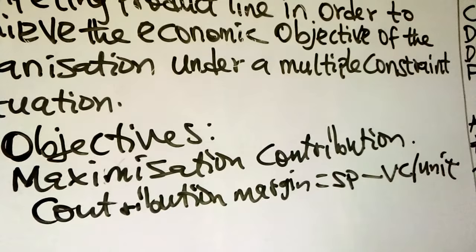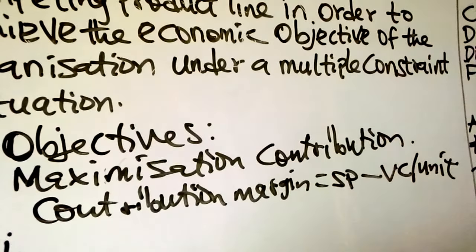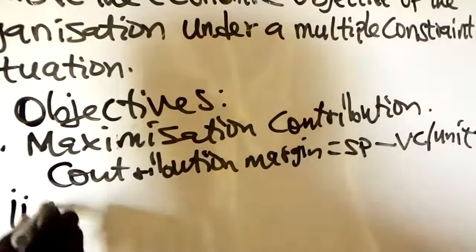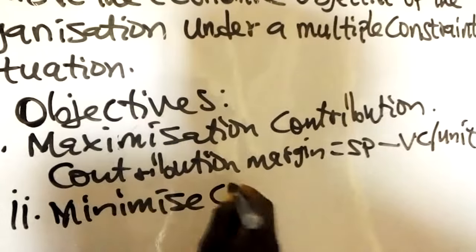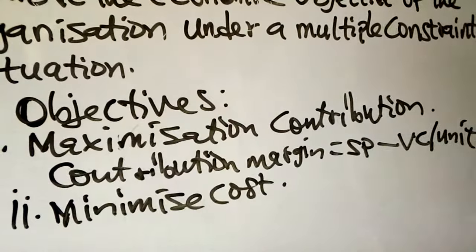Your objective should be either to maximize contribution or to minimize cost. These are the possible objectives you aim to achieve under linear programming.